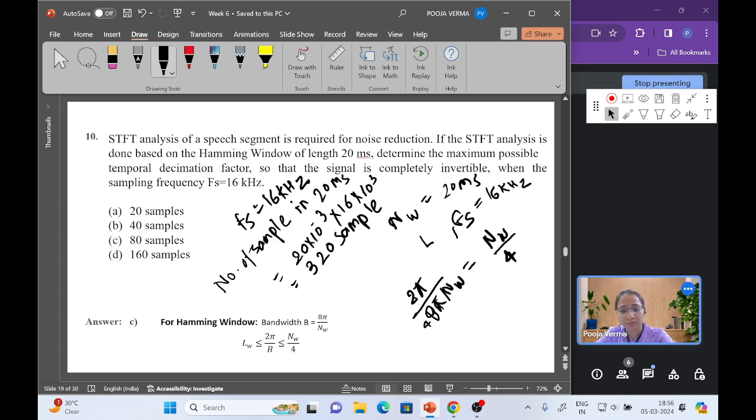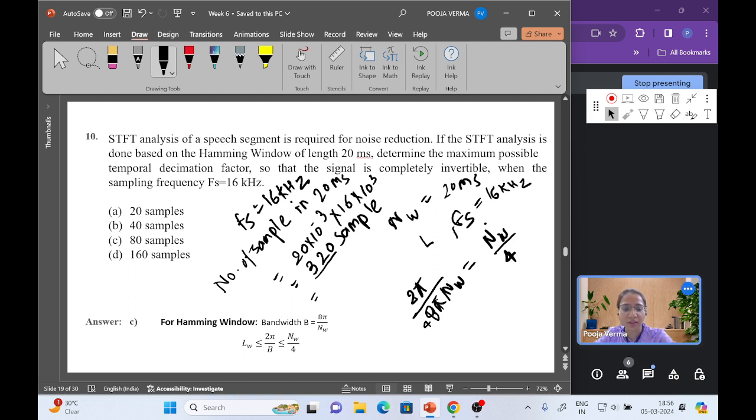So this we are going to find out for the Hamming window. For the Hamming window, the number of samples must be divided by 4, that is NW divided by 4.